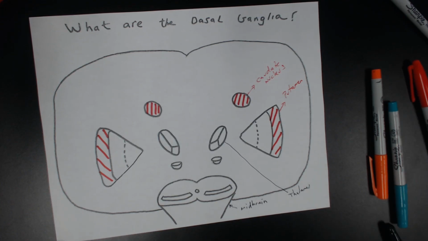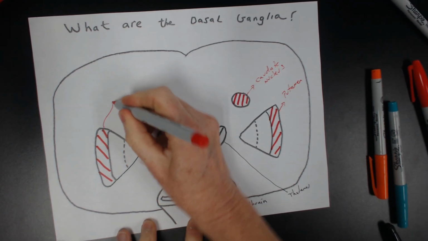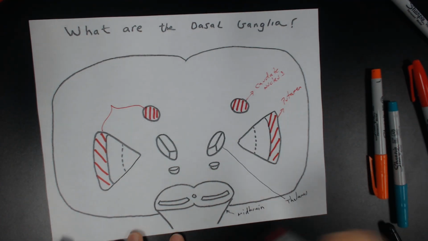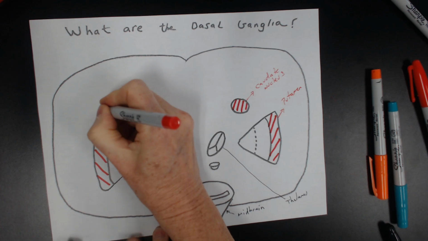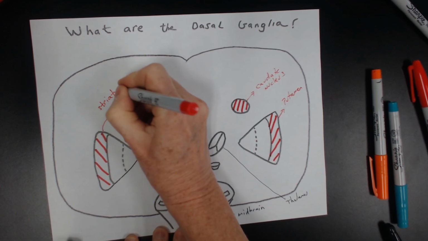And you should know that both the putamen and the caudate nucleus function together, and together, both the caudate and the putamen have a special name. That means that you're talking about the two of them. That's called the striatum, S-T-R-I-A-T-U-M.